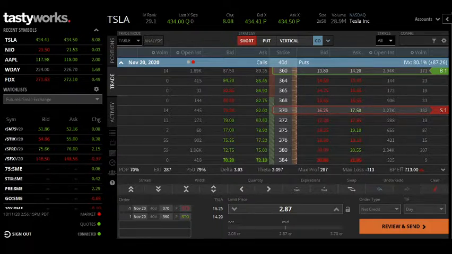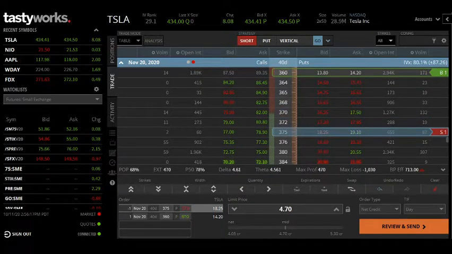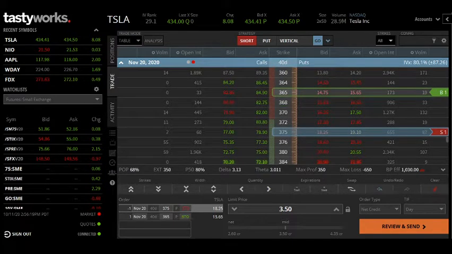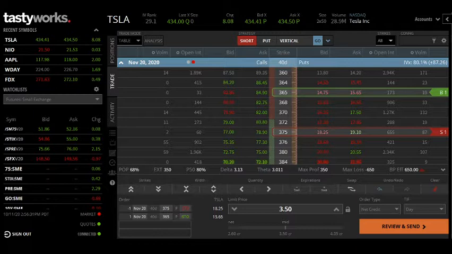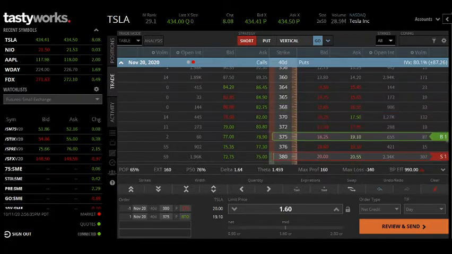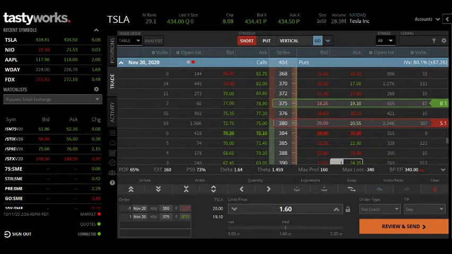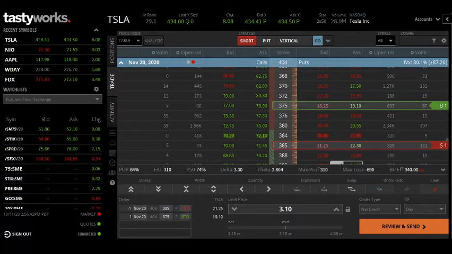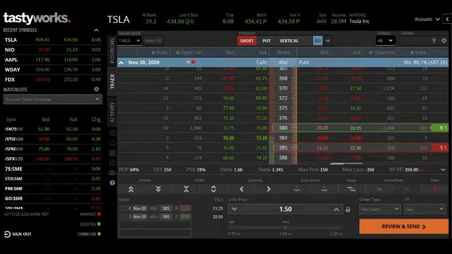So we'll say this one right around here, we'll just do 265, 275 because it's easy. It's just over $3. Not too bad. Probability of profit is 68%, but your max loss is $650, as opposed to if you were to drop it to your $5 spreads, where your max loss is $350.